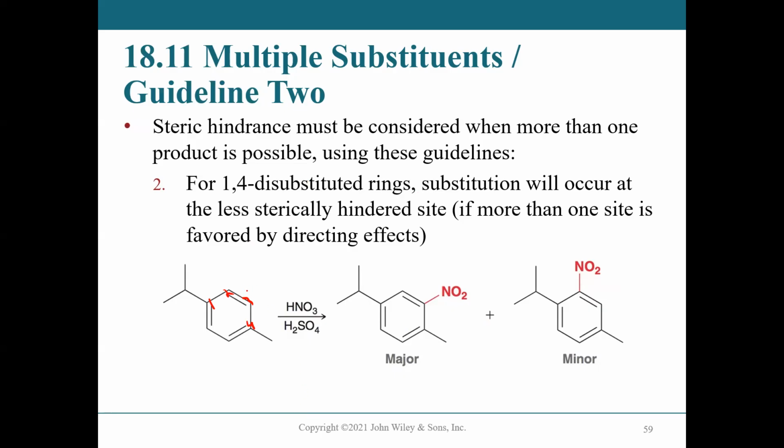Of the sites that we have to pick from, we can only pick from 2 sites here, right? And where is the less sterically hindered site? If we look at this, this would be 1, 2, 3, 4. So this would be either at the 2 or the 3 position. And we're going to pick the 3 position right here. And that's going to be our major product.